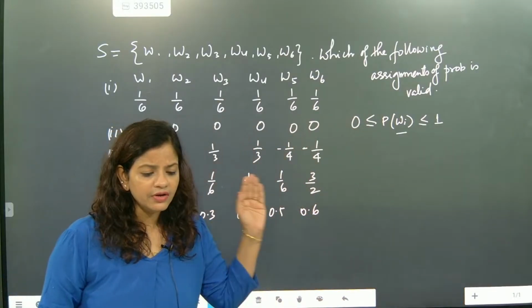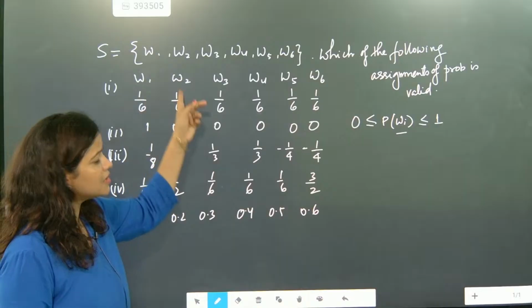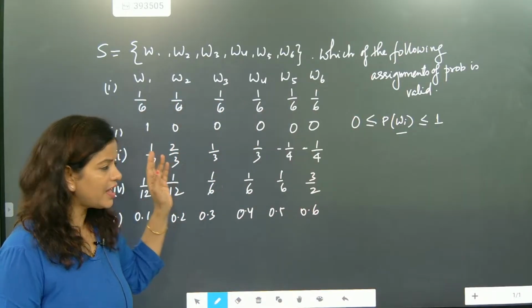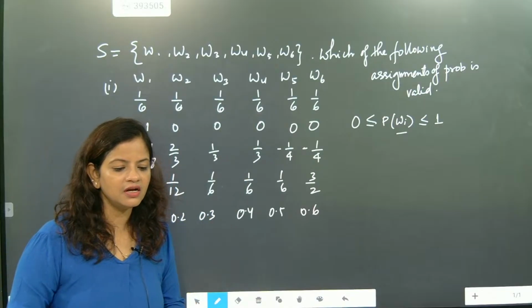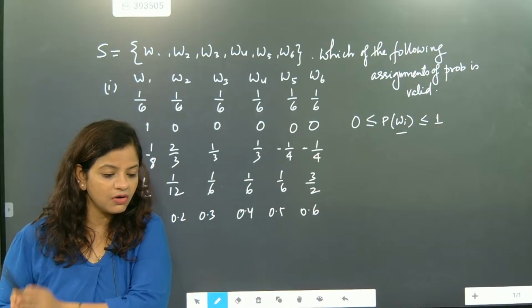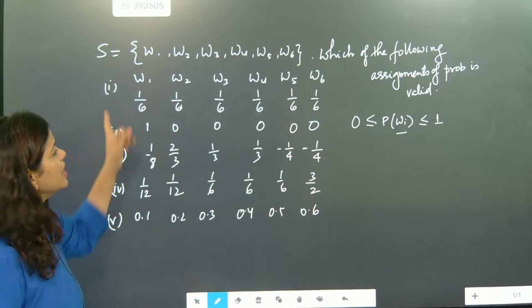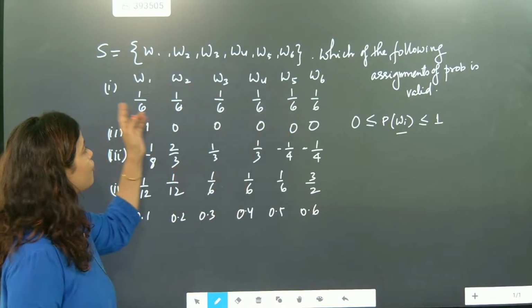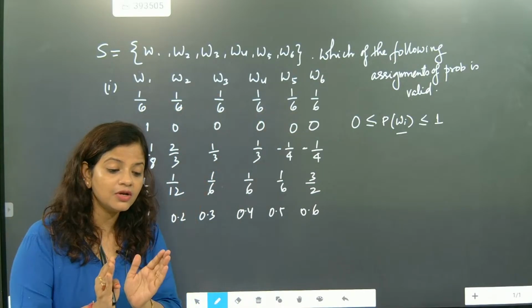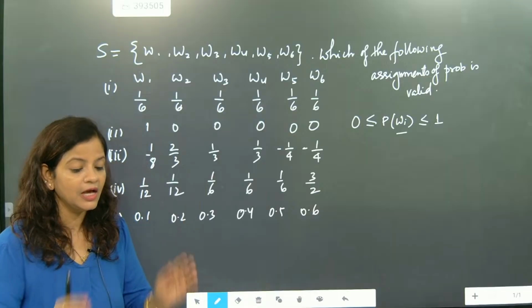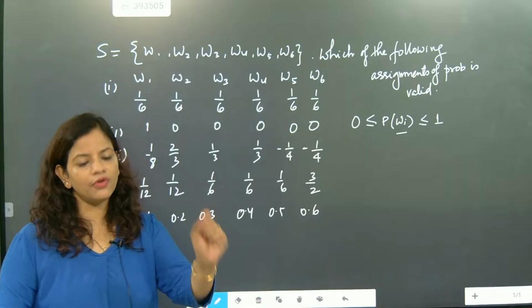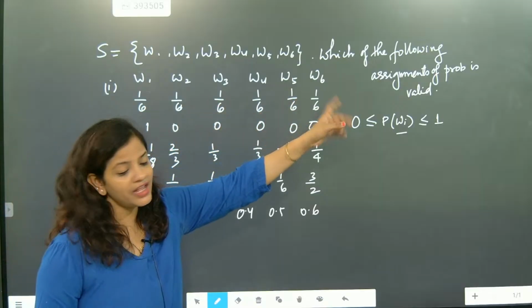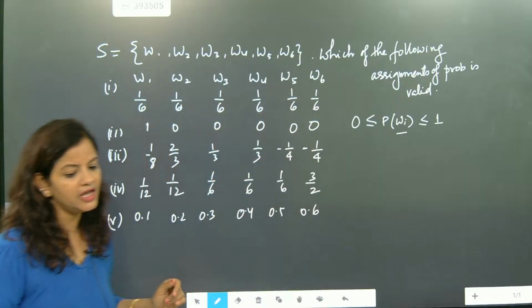If individually some are not following probability, then the answer is wrong. Every individual should follow probability, and together also they must follow probability, because they're asking which of the following assignments of probability is valid.